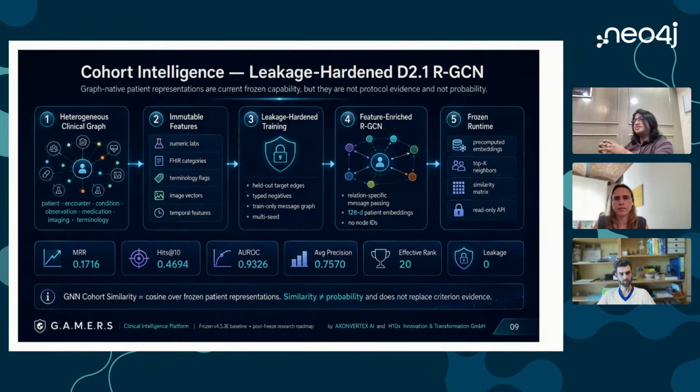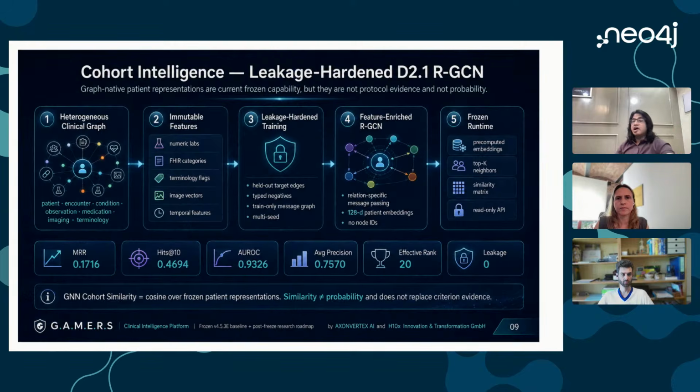We have terminology flags, we have image vectors. First of all, we do not treat any patient as a single feature vector. We use it as a composition of different vectors altogether. And the most important part is that the temporal feature is very, very important. That is one of the key things, how the reasoning or the evidence are being mapped into it.